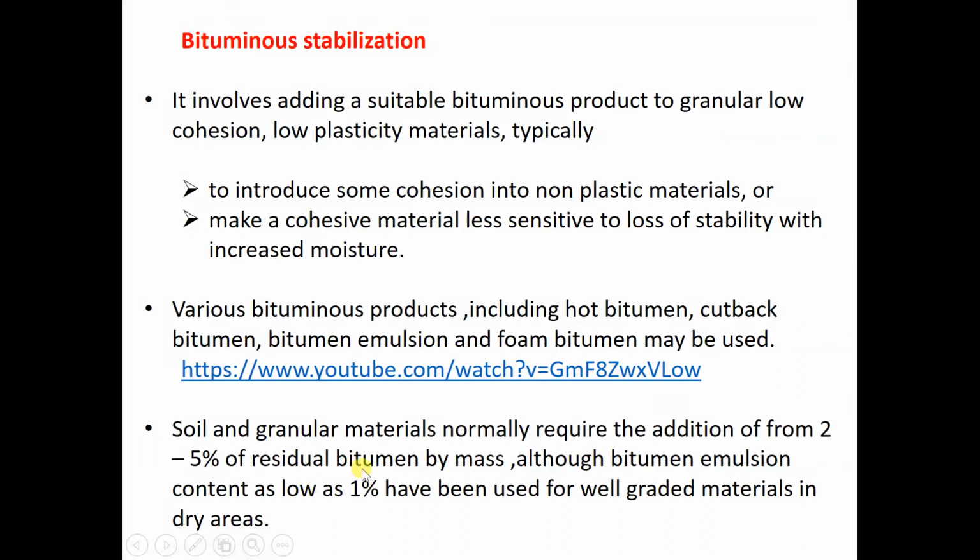Okay, so usually 2 to 5% residual bitumen by mass. Bitumen emulsion content as low as 1% has been used for well-graded materials in dry areas. So you could even use as low as 1% for certain cases.